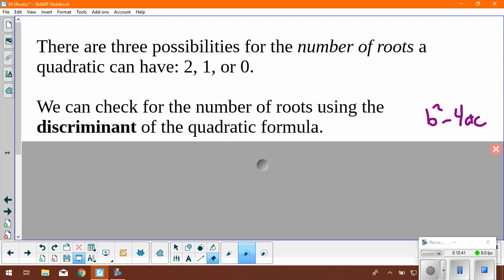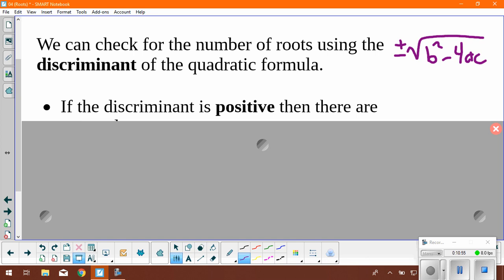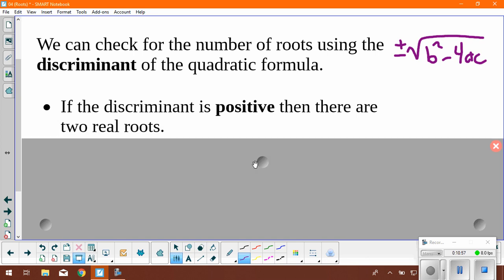And the reason this part is called the discriminant, or is so important, is also because of that plus or minus. So that ties into this as well. So we'll talk about it down here. If the discriminant is positive, which means that this quantity, b squared minus 4ac, is greater than 0, you're going to get 2 roots.